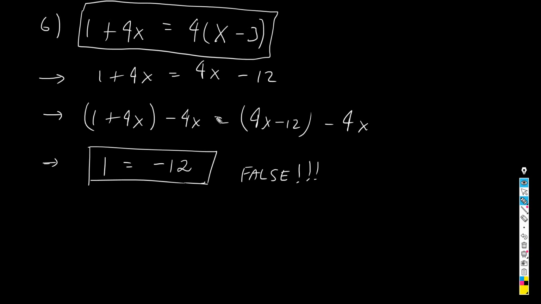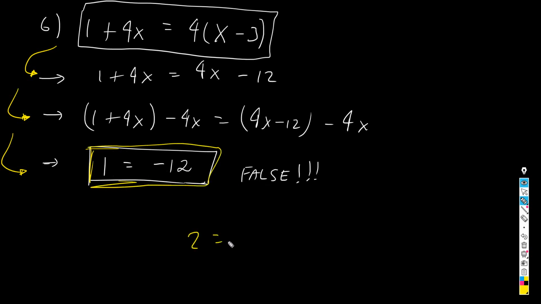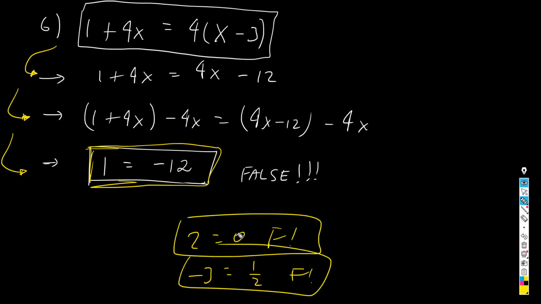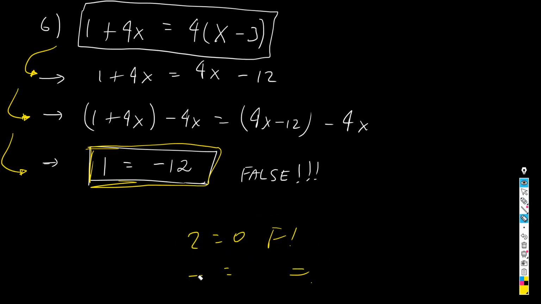But if you follow a logical process carefully, and all of the steps in between are perfect, and you arrive at something that is obviously false, like 1 equals minus 12, or 2 equals 0, false, or minus 3 equals 1/2, false, if you arrive at a false statement, what that means is that your equation was inconsistent from the beginning.